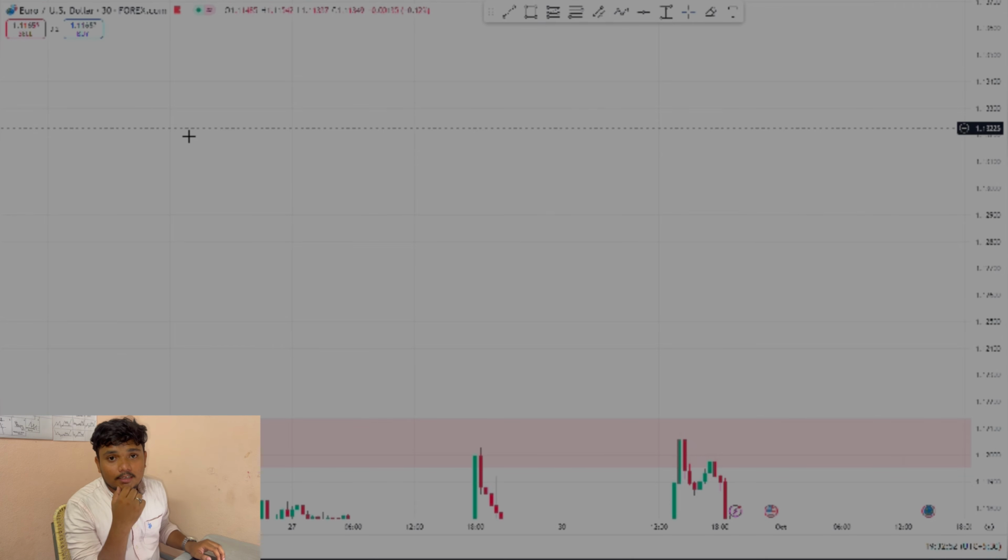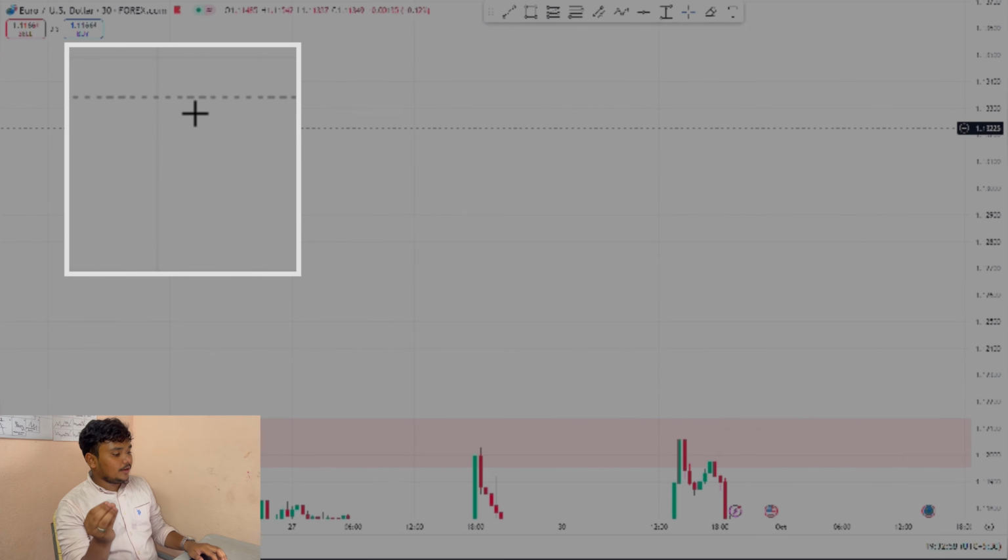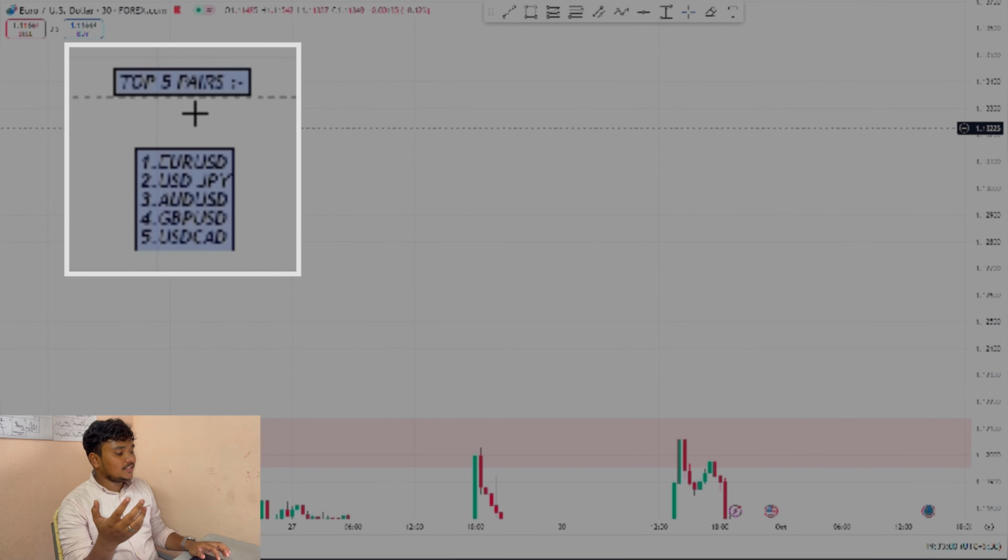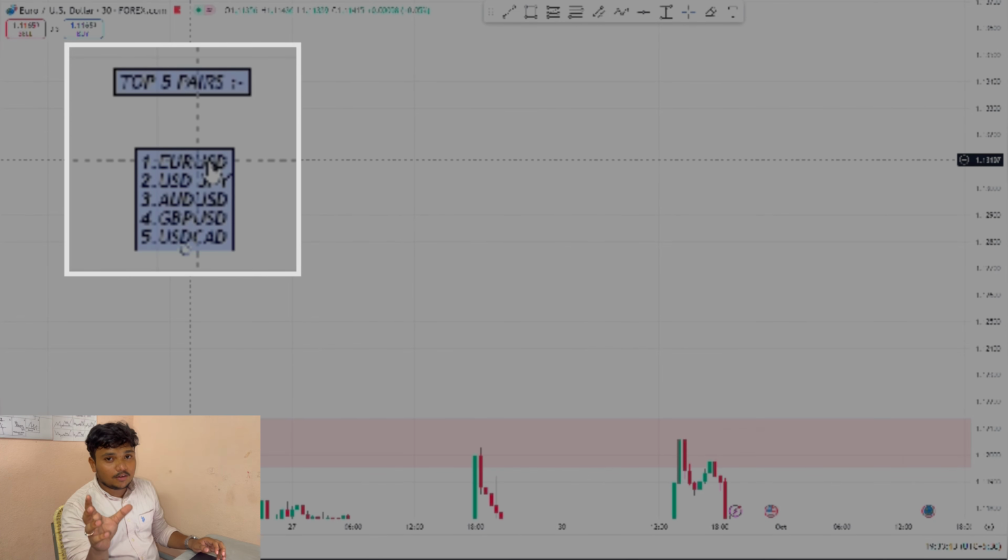Okay guys, as I said, I will tell you the top 5 currency pairs for a beginner. Those top 5 currency pairs are Euro USD, USD JPY, AUD USD, GBP USD and USD CAD. These are the 5 currency pairs mostly used by beginners. So I will explain also. Euro USD has somewhat less spread when compared to other pairs.